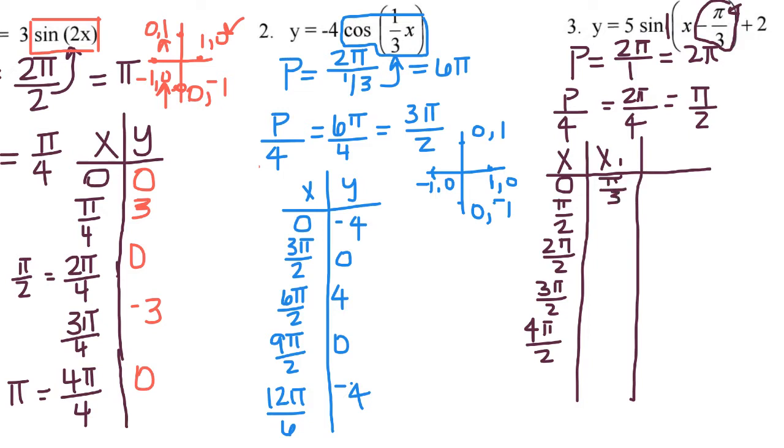And then pi over 2 plus pi over 3. Remember, we had this different way of adding these fractions. We could say pi over 2 plus pi over 3, and we could say that's 3 plus 2, which is 5 pi over 6. Make sure you multiply those denominators.